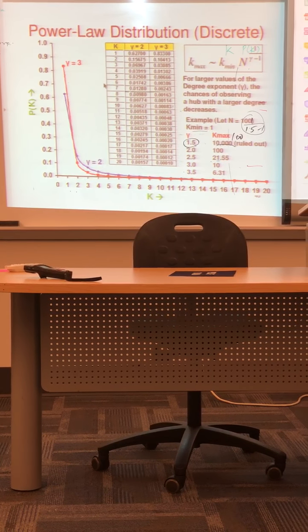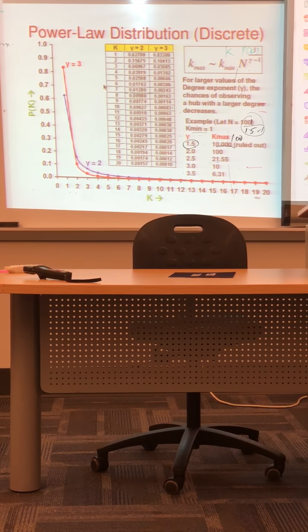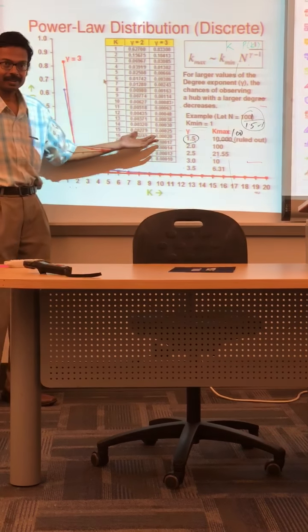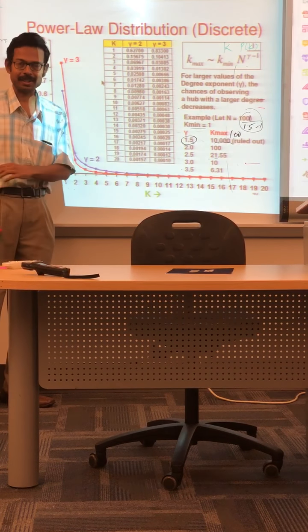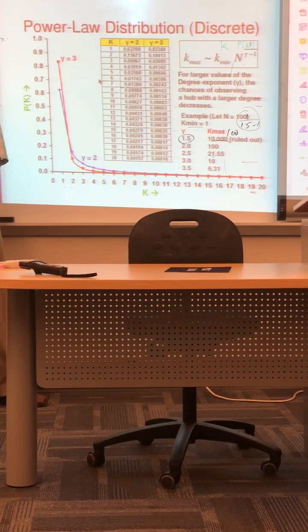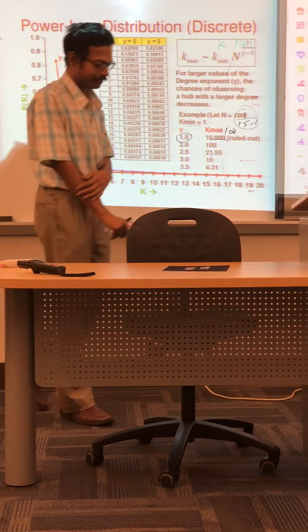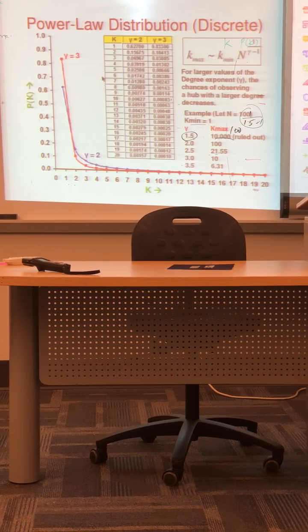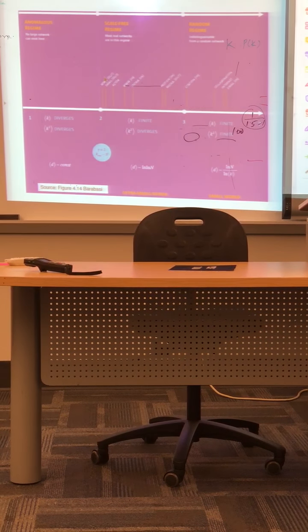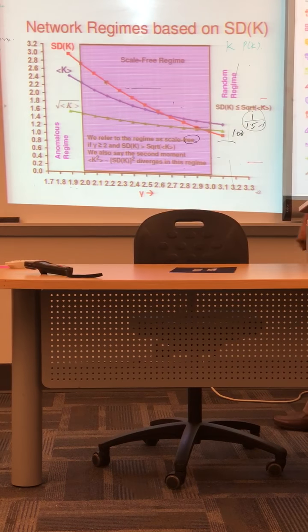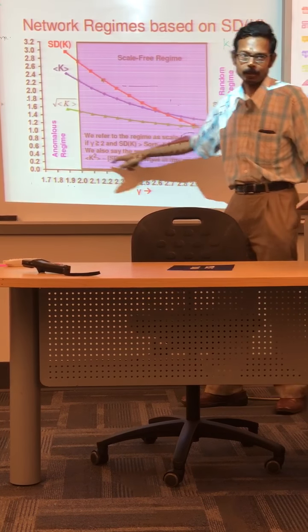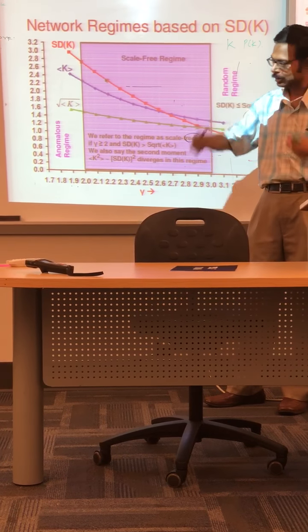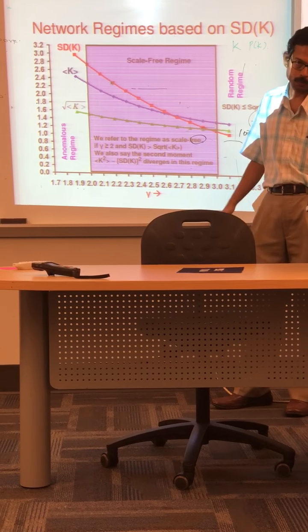If you change your n, that still holds true. Yes, it's for the whole. So that's why this plot here is in general. Gamma has to be greater than 2. Okay, so between 2 and 3 is the normal range for scale-free networks.